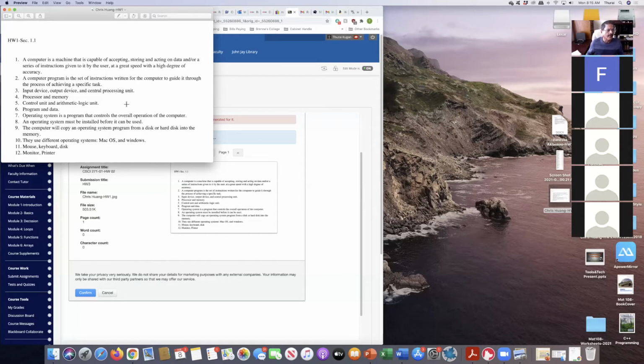Don't write all that, just answer the question. That's all we need. So if you just answer the question, then it'll be half a page. At least this one is half a page. So that's not too much to type. So if you type it, it'll be a lot easier. It'll upload properly, and also I can write feedback and everything.